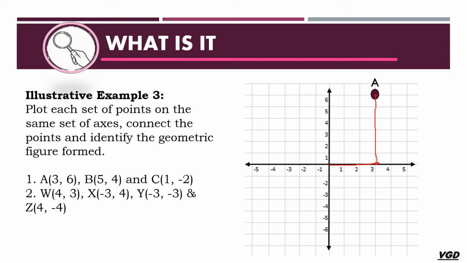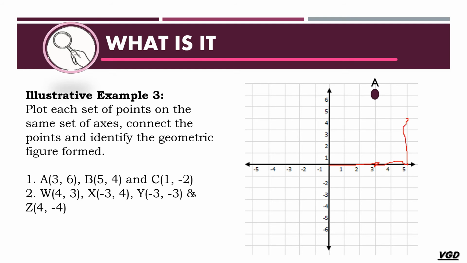And for point B, we will locate 5 and 4. So move 5 units to the right from the origin. So we have here 5, and then since 4 is positive, we need to move upward, going to 4.